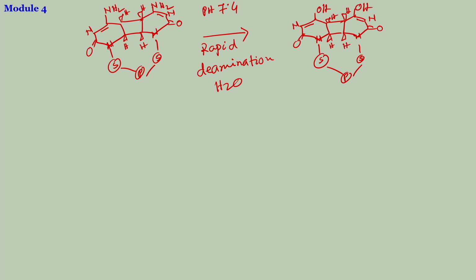Now, this process is quite fast, it happens spontaneously in water. And then if you look there, this is basically an enolate form. So, it will undergo tautomerization to produce a ketone. This should be NH.